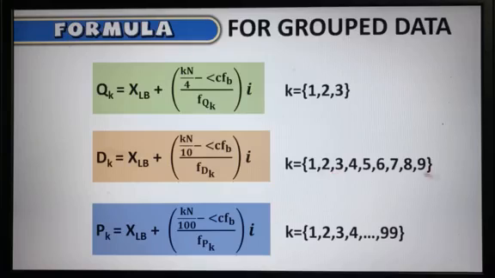Those are the only possible values because this represents the 9 score points. In terms of percentile, K may be 1, 2, 3, 4, up to 99, depending on which percentile we are looking for.